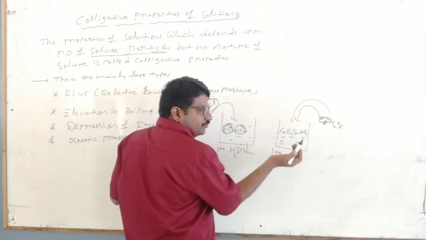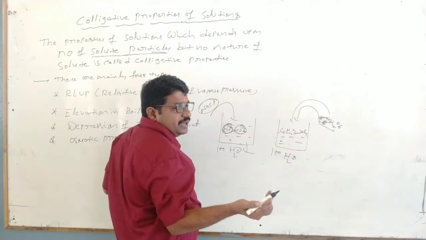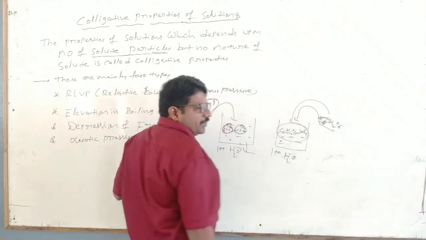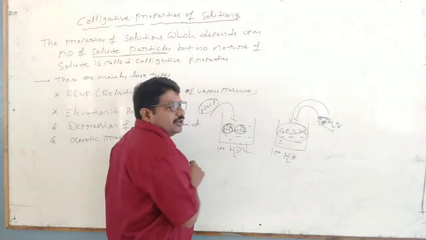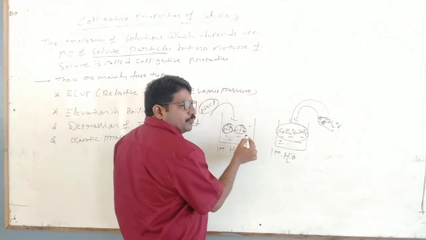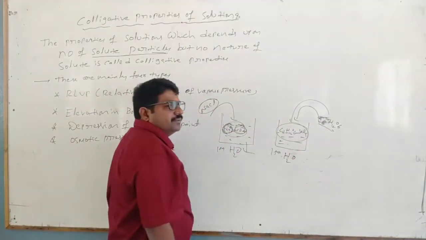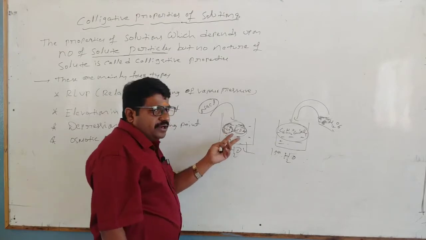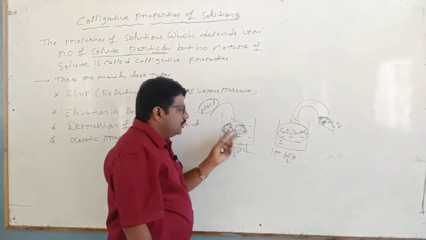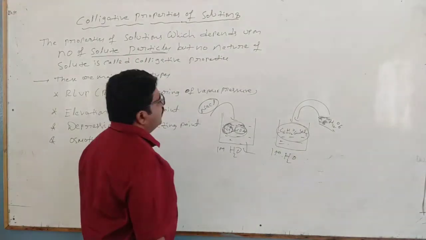Glucose solution does not produce any ions, so it is not considered a colligative property in the same way. It is also considered one, but when compared, the colligative property is more in NaCl solution and less in glucose solution, because here the number of ions is more and here it is less. The properties which depend upon the number of ions are called colligative properties.